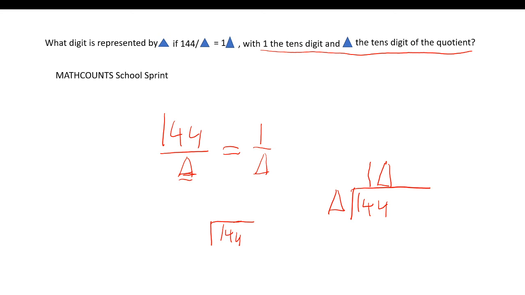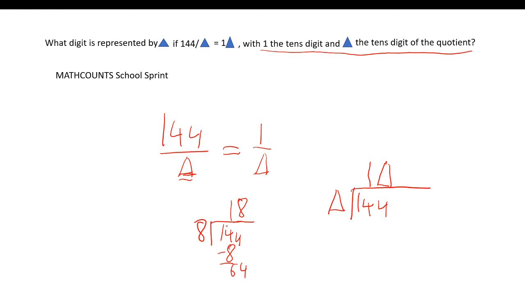That builds a 2. We don't want a 2. Now we look at 8. 8 times 2 is 16. So obviously 8 goes into 14 once. That's the least. So we're guessing triangle is 8. Let's test. 8 times 1 is 8. 8 times 8 is 64.